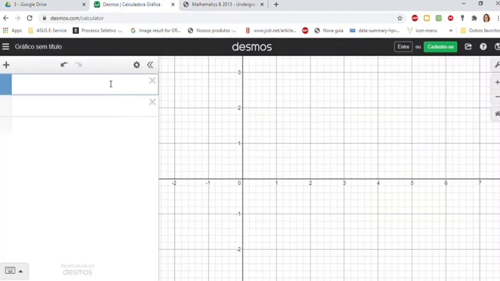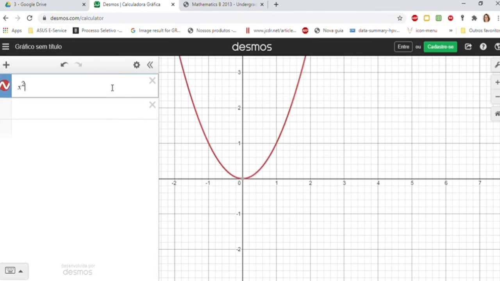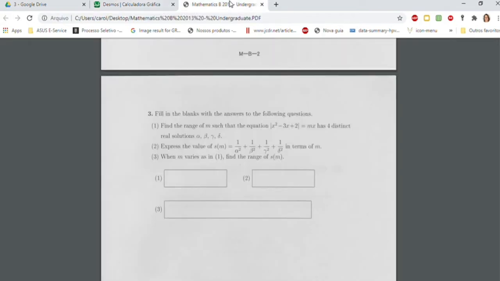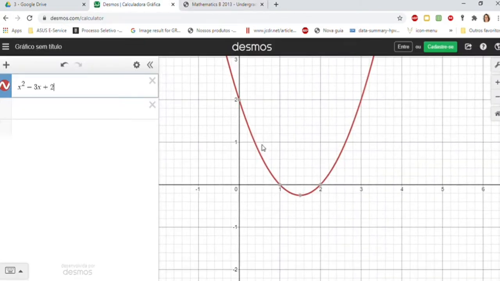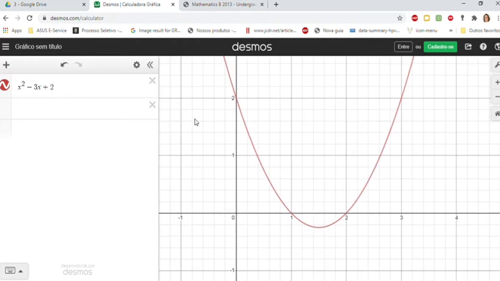Well, number one, we have a function x squared minus 3x plus 2. This is a second degree function. The linear coefficient tells you where it cuts the y-axis, and you can solve the second degree equation to find where it cuts the x-axis, right?